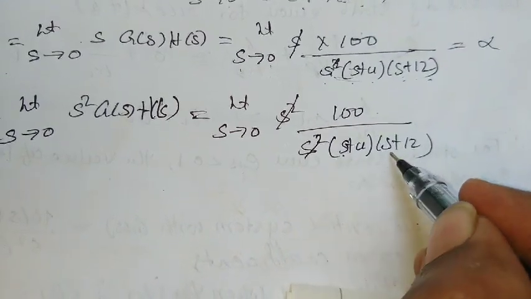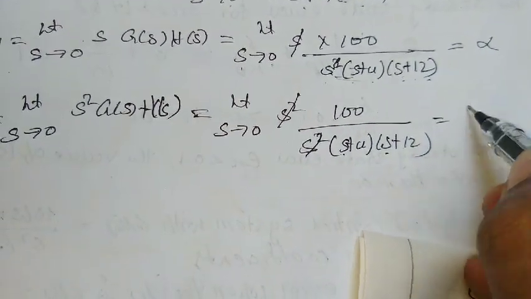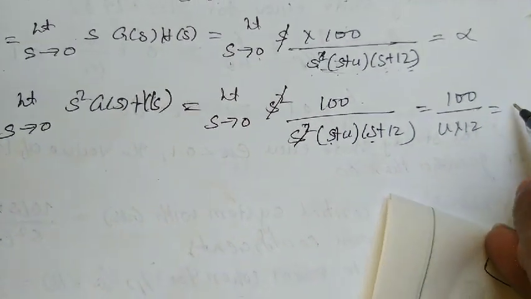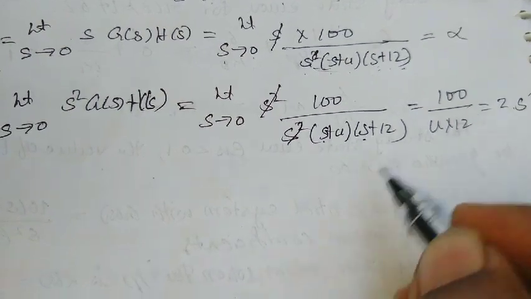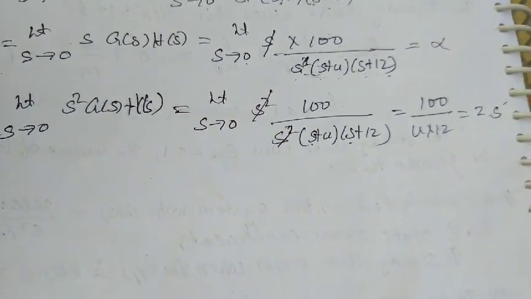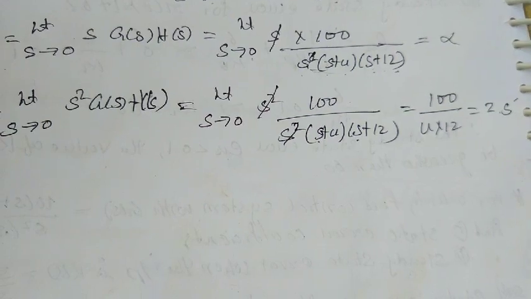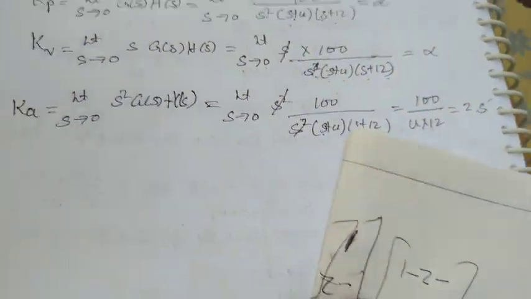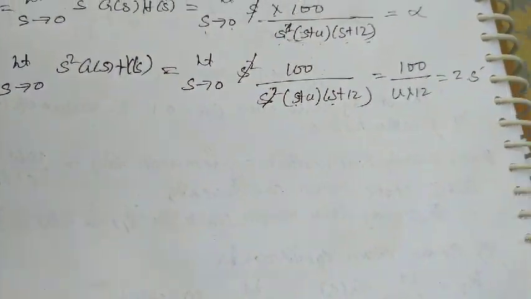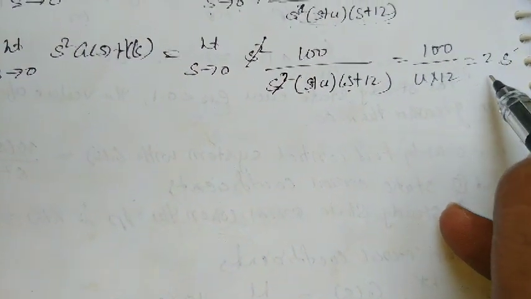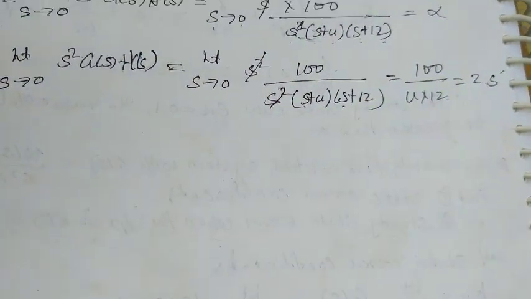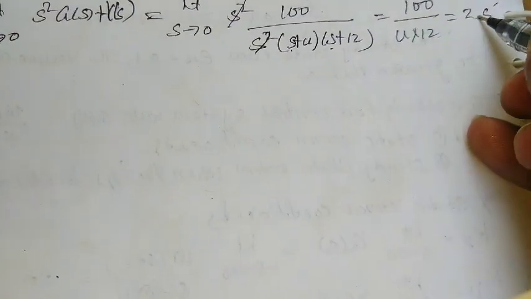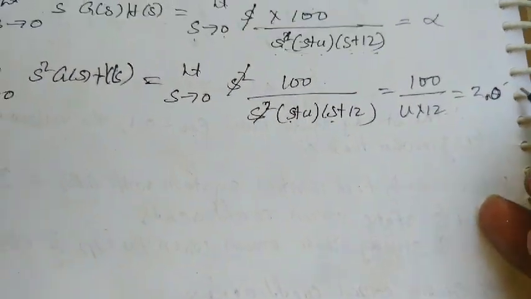Now I substitute s equal to 0, so this is equal to 100 divided by 4 into 12, which is 100 divided by 48, and I get 2.083.